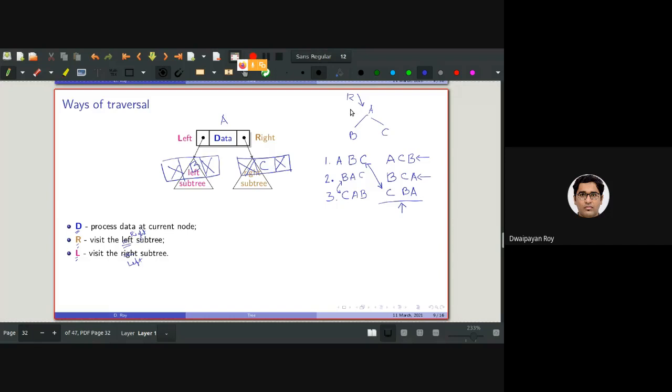Visiting means I am currently standing at the current node. Processing means I am actually accessing this data. So currently I am visiting A, not processing A. So what options do I have? The first option is I can process A.